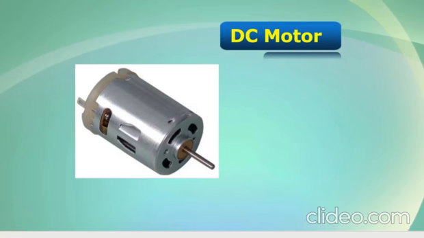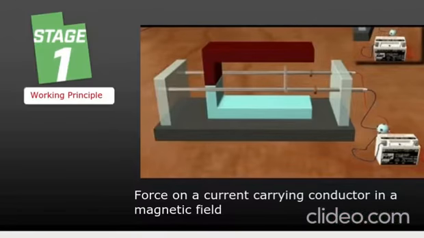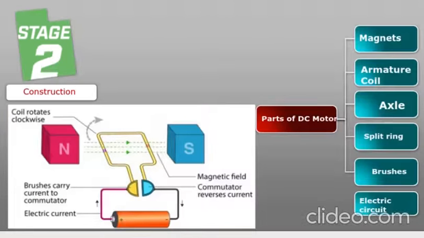This year, you are going to study the DC motor. The working principle is the force on a current carrying conductor in a magnetic field. There is a force applied on a current carrying conductor in the magnetic field, and that's how it moves.